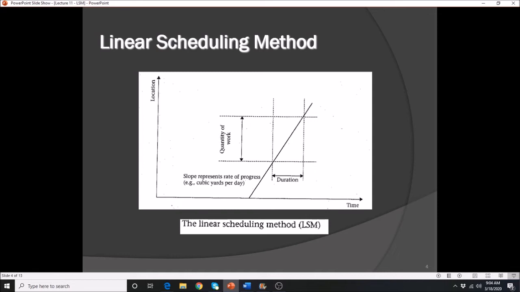If you know how much you're going to do, divided by the given time, that will give you this diagonal line, which is the production rate. It's a very simple space-time diagram. It is a space-time diagram because the lines are plotted as time against a given quantity, or in our case, because it's horizontal construction, the location.